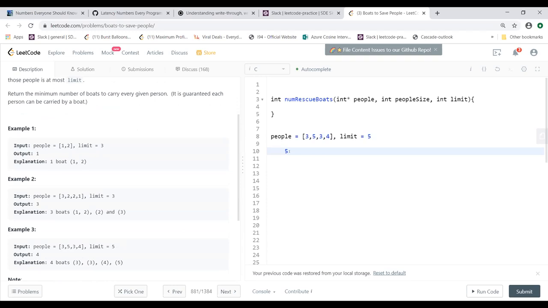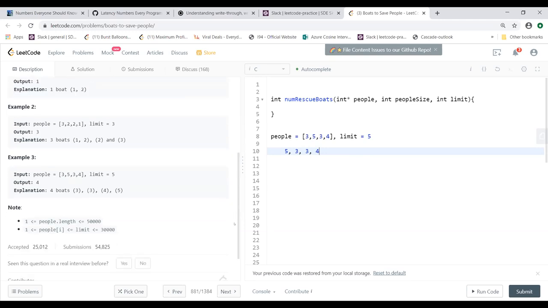If you see 3 and 3, the lightest ones, and add both of them, it will be 6, which is more than the limit, so they can't go in one boat. So the 3s also go in separate boats, and similarly for 4, and therefore we need 4 boats here.